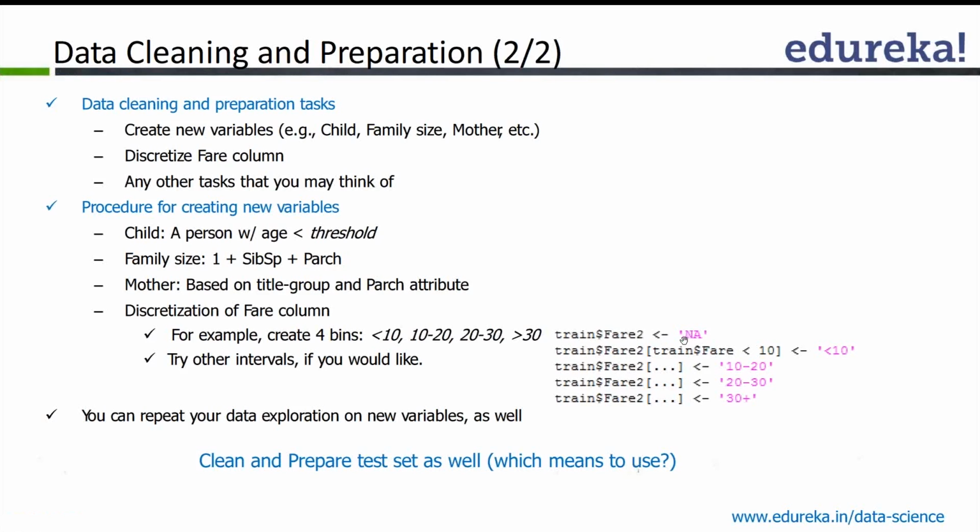First, I put all the NA values in it, and then I'm saying whenever train fare is less than 10, I put less than 10 as a value, and 10 to 20, I put another value. So it's like the discretization of the fare column, and then I'm creating a new column called fare 2. Okay, so this is one type of discretization, but you may want to think about different things as well. Doesn't hurt.